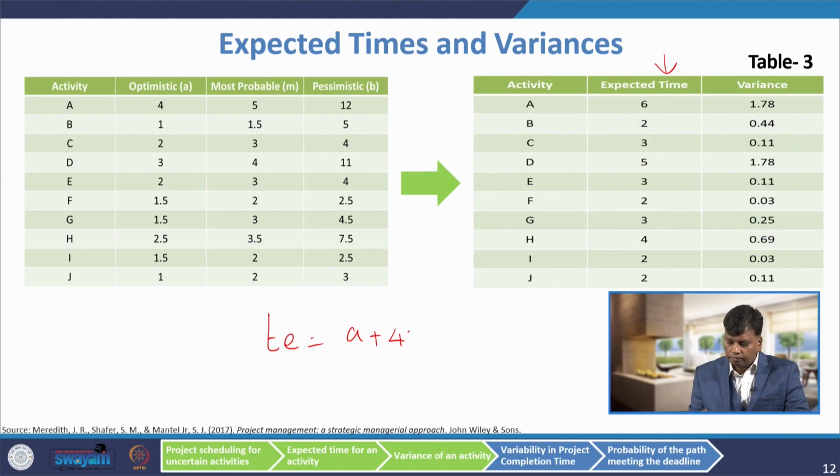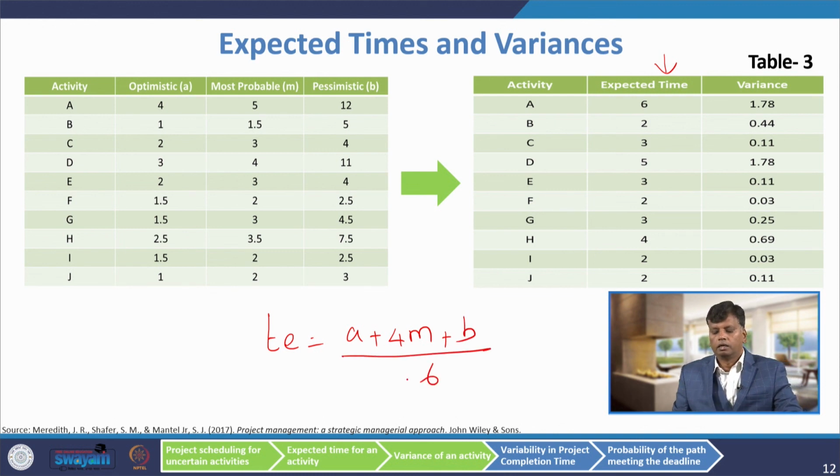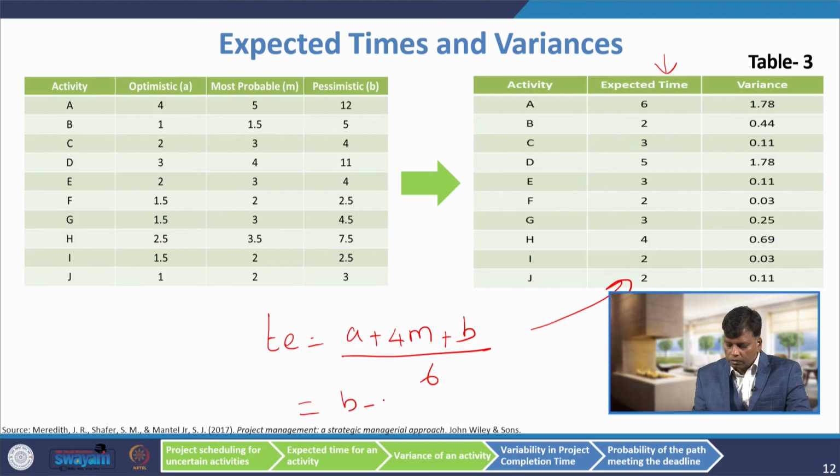Optimistic time. Similarly you have to find out the variance of each activity. So, by using this formula we got expected time. Similarly, we know the variance formula. The variance formula is, for each activity.